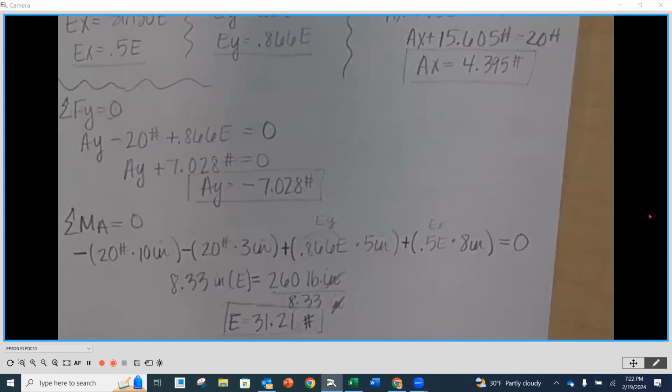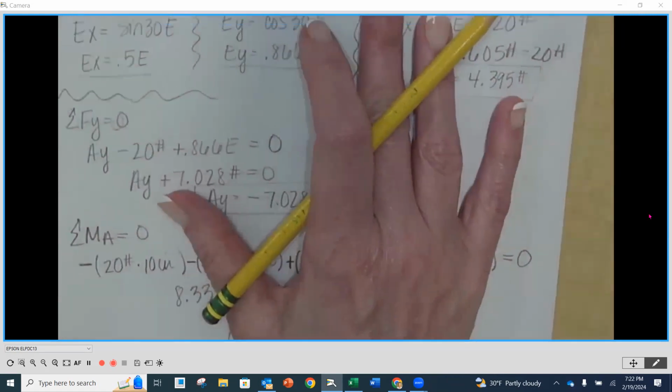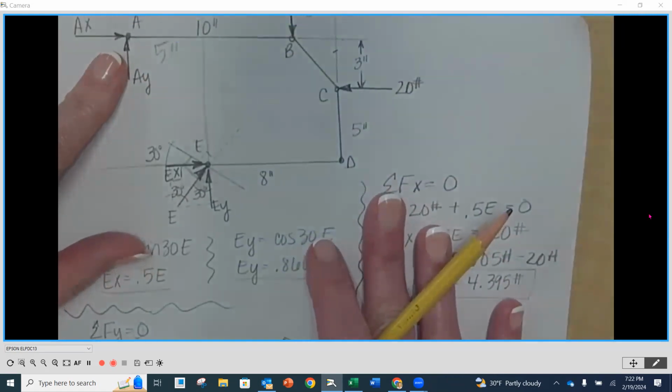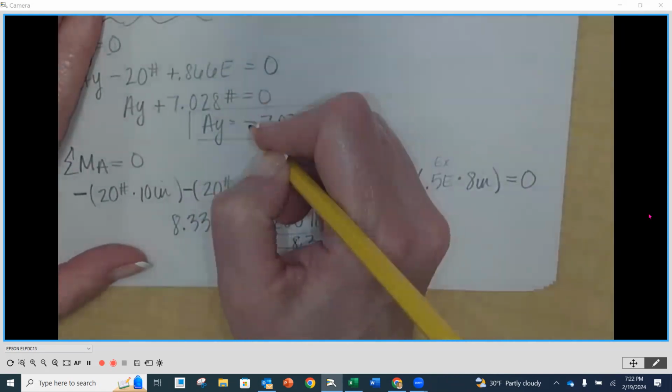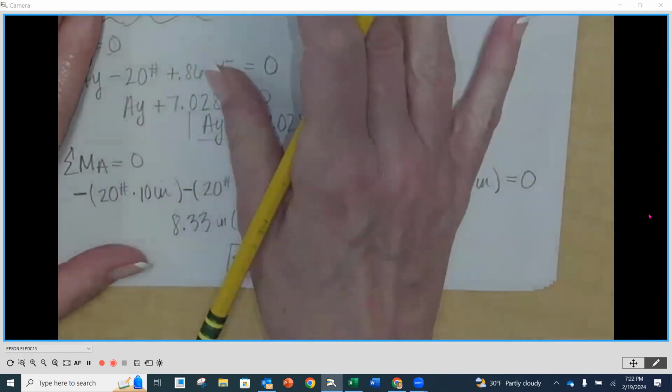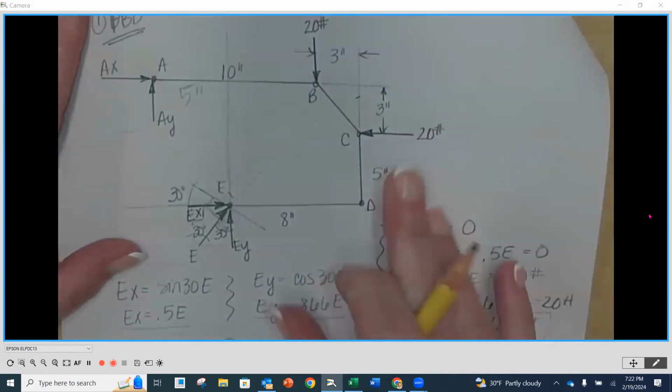You're going to notice that with the directions that we assumed, your AY comes out to be a negative value, doesn't it? So what does that mean? That means that right now, we assumed up. But we never leave a final answer as a negative. So we're going to make this positive, and we're going to go up into our diagram. This is why we use pencil.